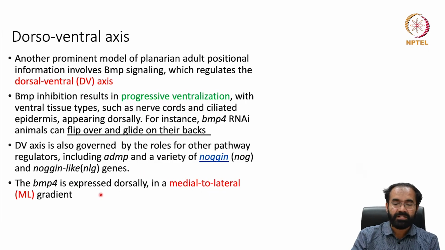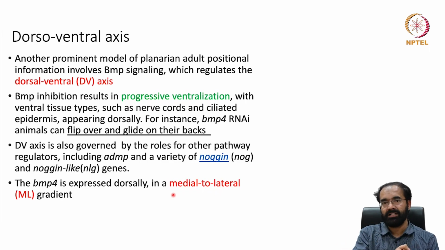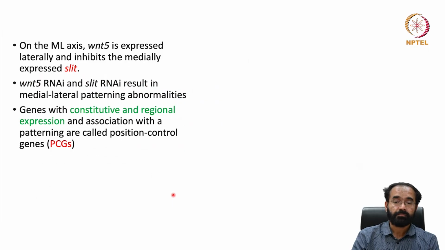BMP4 is expressed dorsally, naturally, because you want BMP signaling there, and in a medial to lateral, ML, gradient. That means from your central portion to the right-hand side, and central portion to the left-hand side, on the dorsal side, that is where BMP4 is expressed.